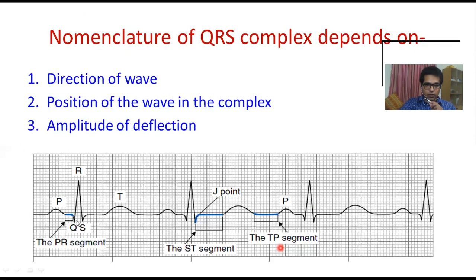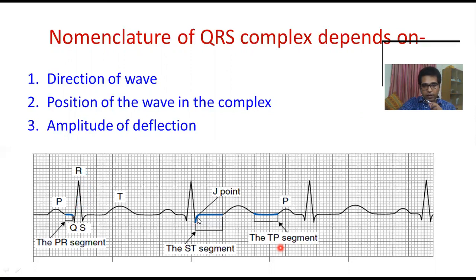It is the downward deflection. Any first negative deflection in the QRS complex should be the Q wave, then the first positive deflection in the QRS complex should be R, and any negative deflection following the R wave will be called the S wave.